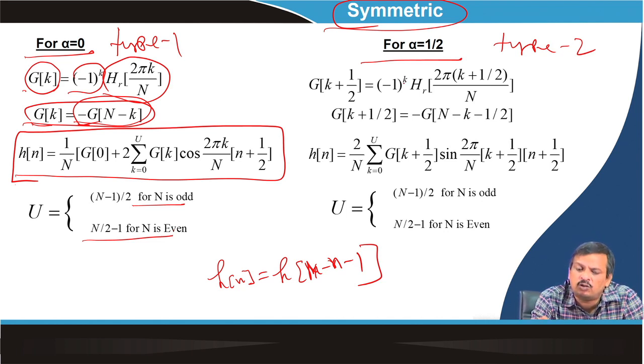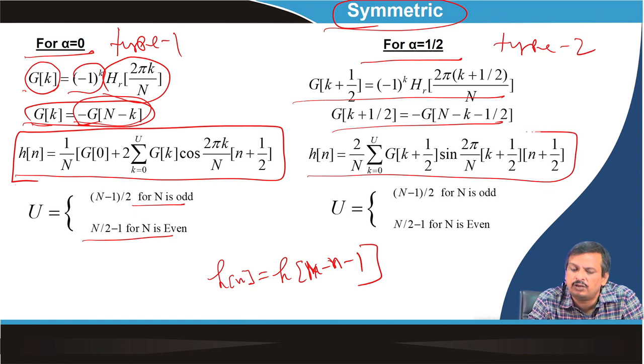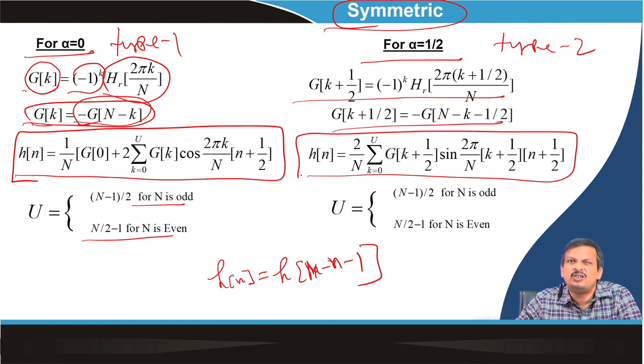Similarly for alpha equal to half, this one, and I can derive this equation from there. You can try to derive it at home using mathematics, or you can directly use this equation to derive h of n.